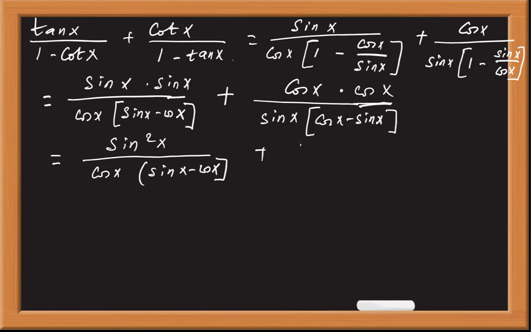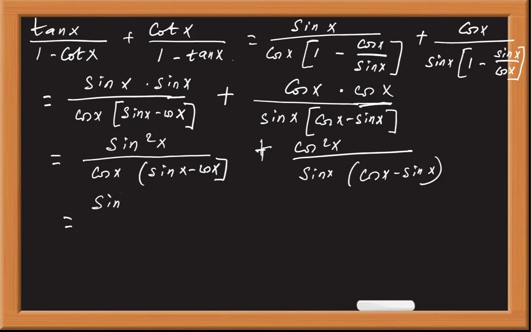Plus cosine squared x over sine x times cosine x minus sine x. So we continue, and here we have to find the common denominator. The common denominator is sine x times cosine x times sine x minus cosine x.